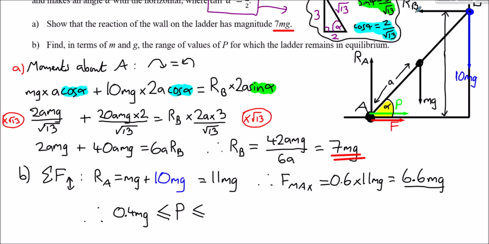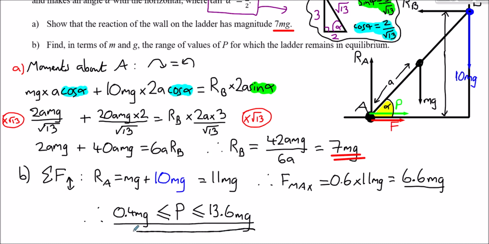That would still be 7. The maximum friction that could be acting to the left would be 6.6. 7 plus 6.6 gives us 13.6. If P was any greater than 13.6, P would prevail over the friction and the reaction from the wall. So we need to put 13.6 mg.